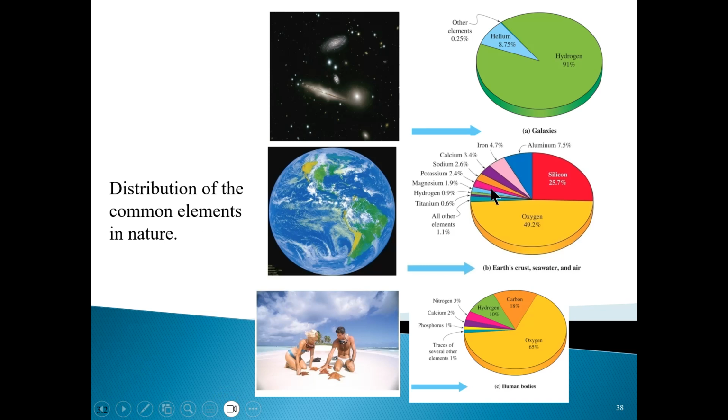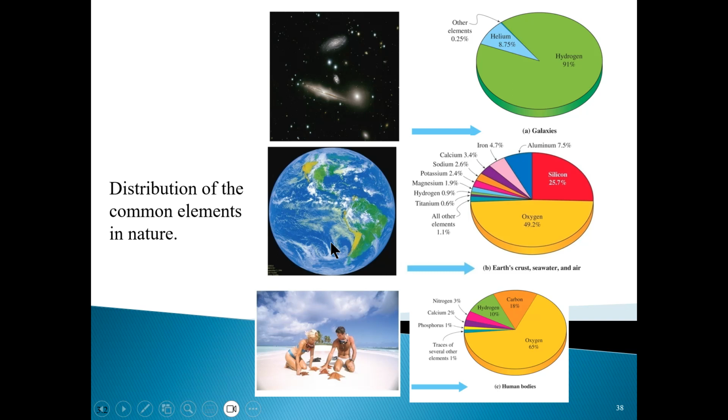All right, so what I just described, plus some other elements in terms of their distribution, is given in these pie charts here. So this is basically what I just talked about in terms of the universe. Hydrogen is the most abundant element. Then the next would be helium. And then all other elements would be about 0.25% of the elemental composition of the universe.